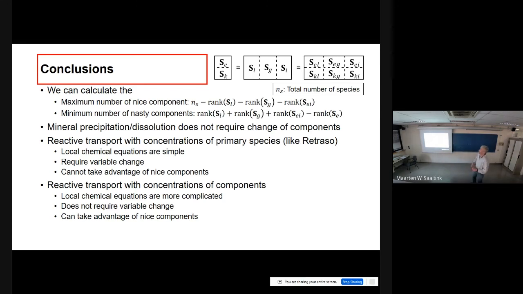So there are a few disadvantages and maybe one advantage. Of course, we can also use the concentrations of the components, and then the difficulty is that the chemical equations become a little bit more difficult. But it doesn't require the change of variables in the transport equations, and we can take advantage of the nice components. It's also an advantage.